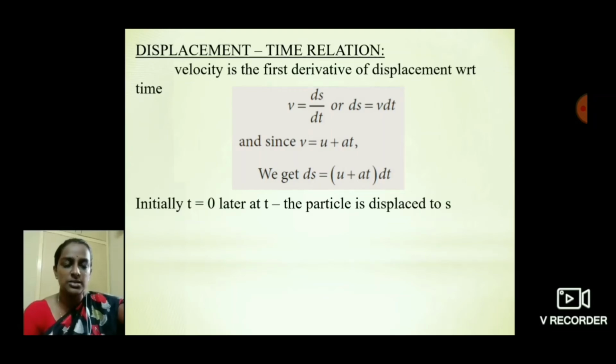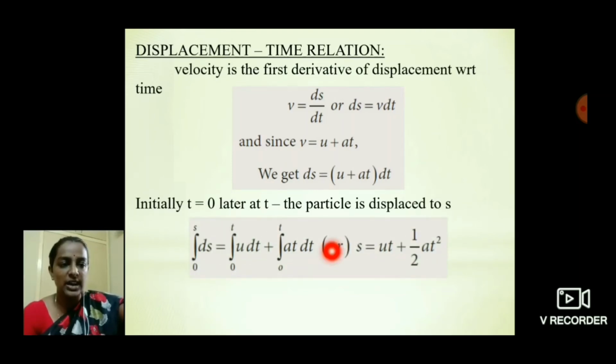Initially t equals 0, and later at t the particle is displaced to s. So when we integrate, we finally get the value of s as ut plus 1 by 2 at square. This is the relation between displacement and time.